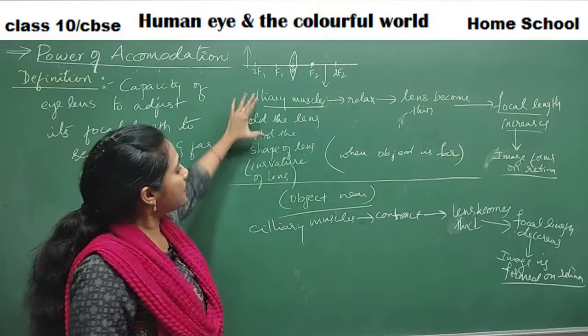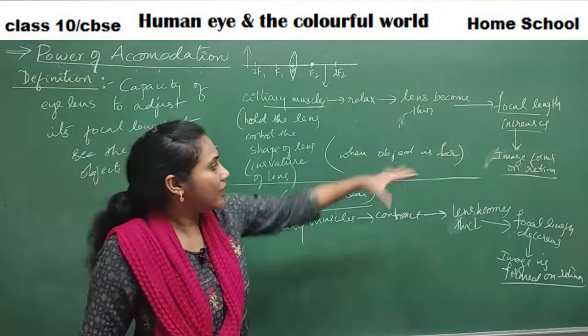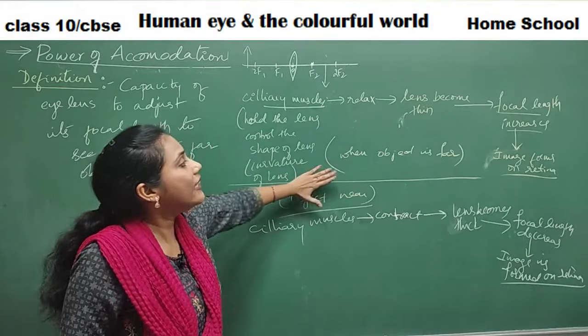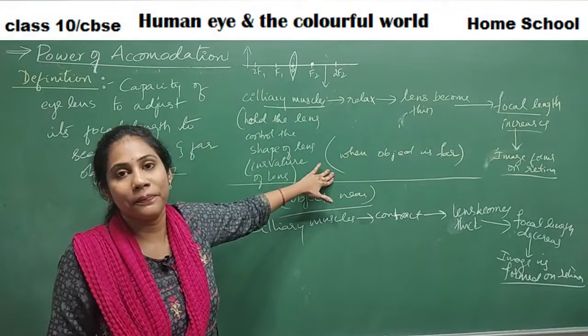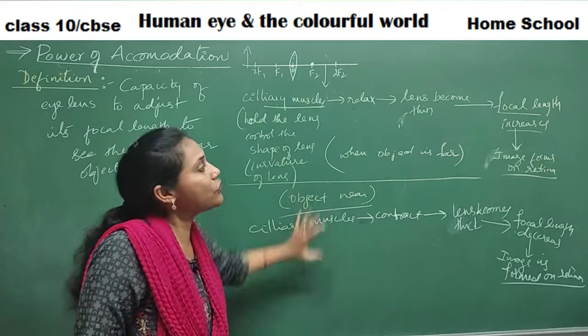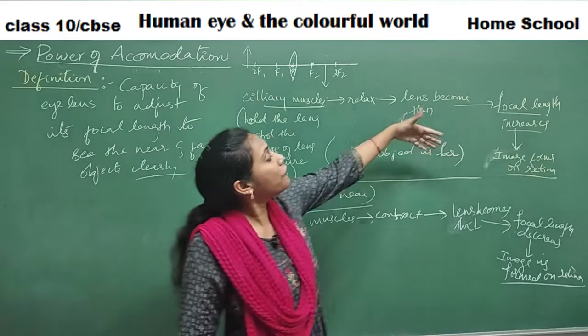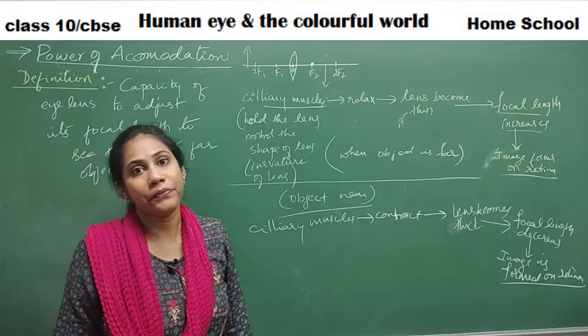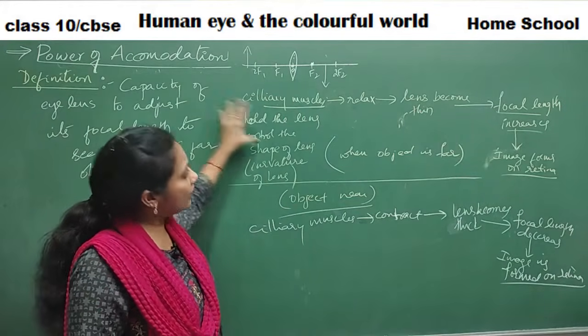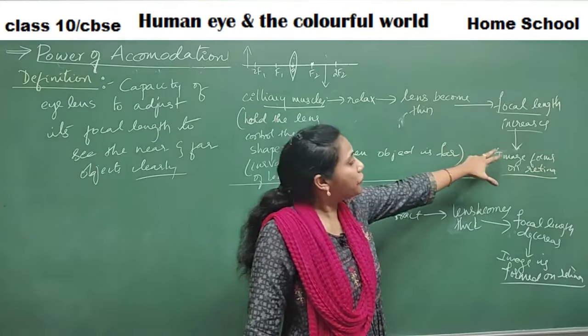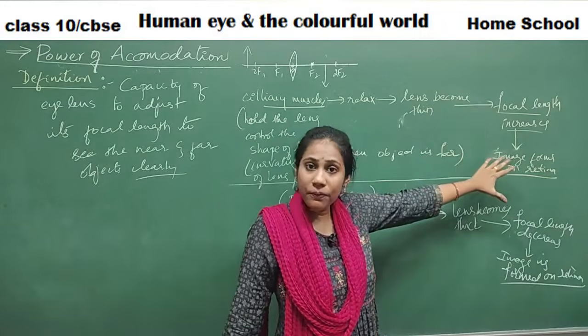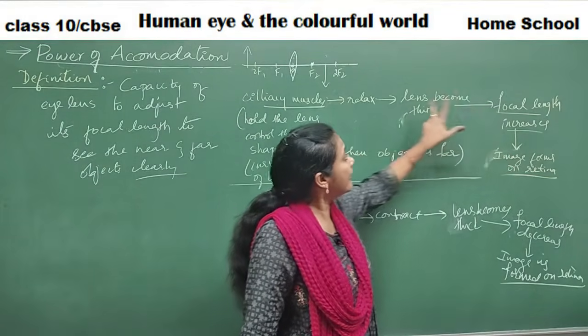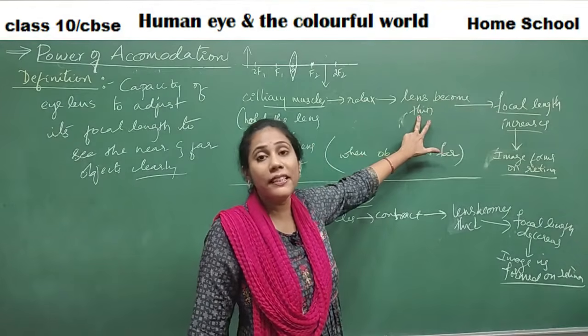So this flow chart that I gave you is a very important thing to understand, and one of the easiest ways to understand how focal length is increasing and decreasing. If you want to watch faraway things, focal length has to increase. If the focal length has to increase, the lens should become thinner.